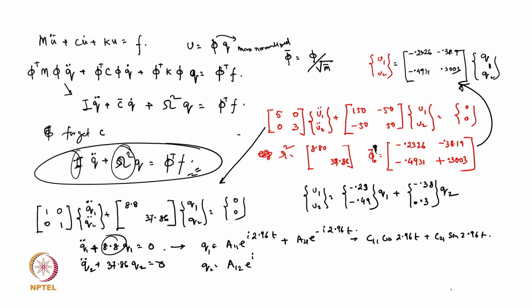Square root, 6 point, okay, 6.15 t plus a22 e to the power of minus i 6.15 t, that will be c12 cos 6.15 t plus c22 sine 6.15 t. So we get both the values q1 and q2.